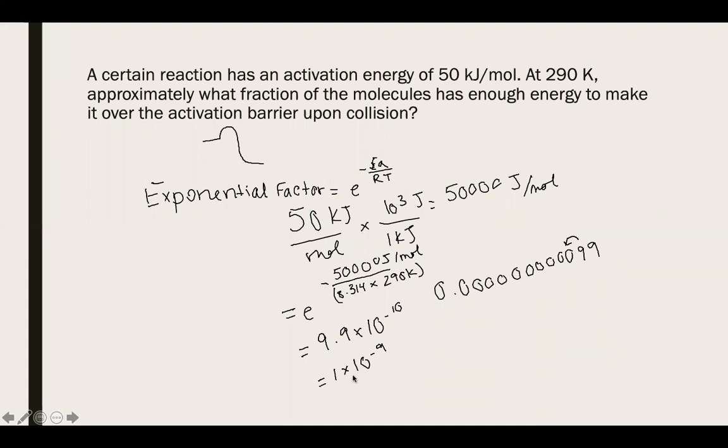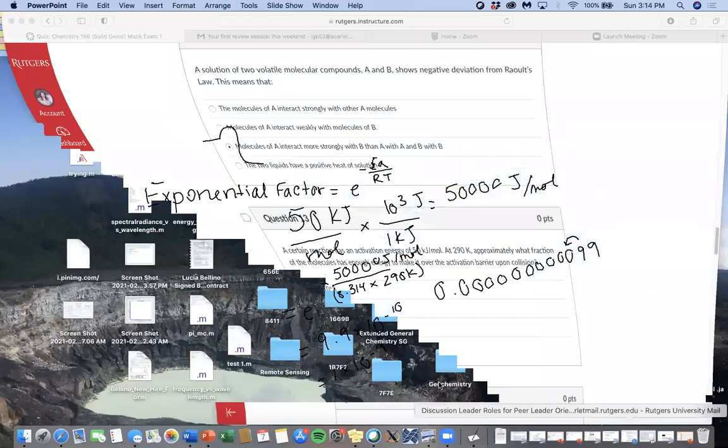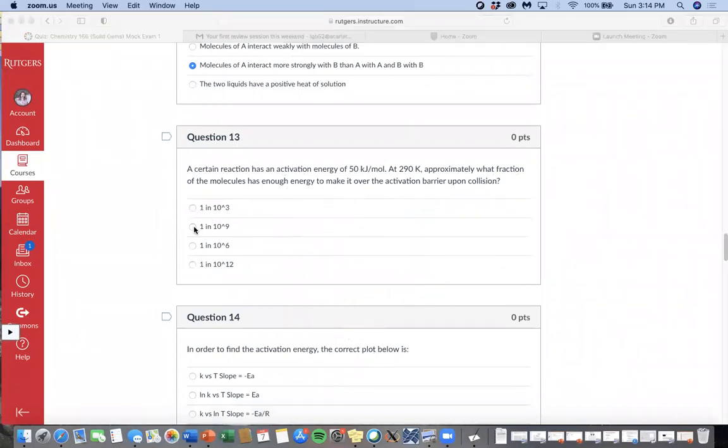So your answer is 1 molecule in 10 to the 9th, which is the fraction of molecules that have enough energy to go over the activation barrier upon collision. Let me go back to your answer choices to show you which one that is. Let me clear the annotations here. It would be this one right here, 1 times 10 to the negative 9th. That would be your correct choice.